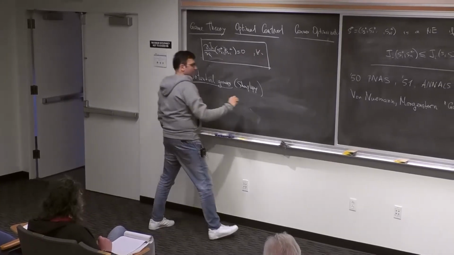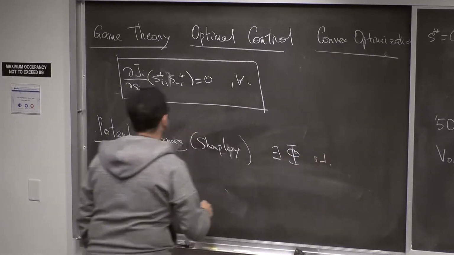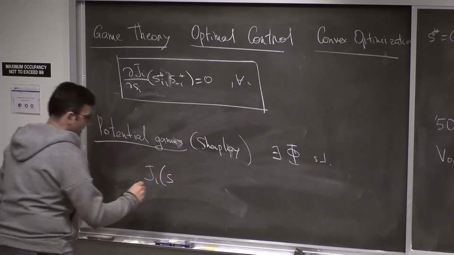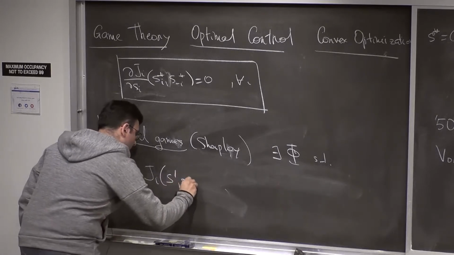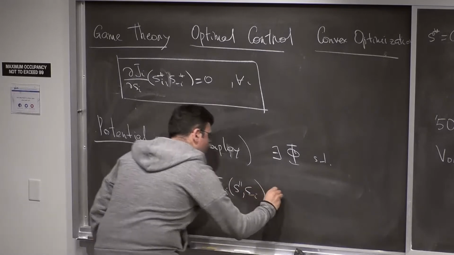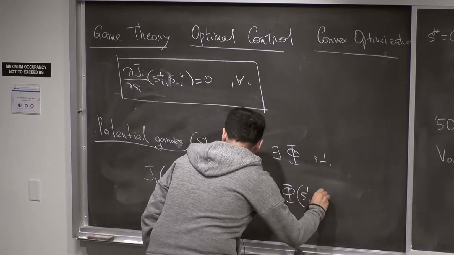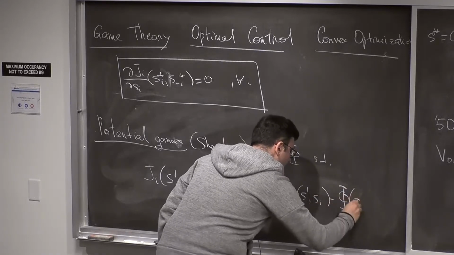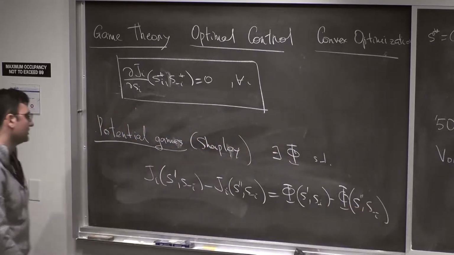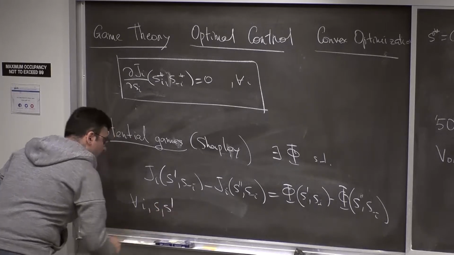So we assume that there exists a function phi such that, let me write it down, for all i's, s prime.